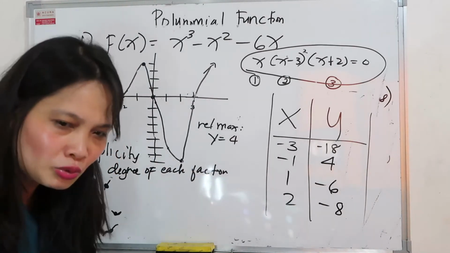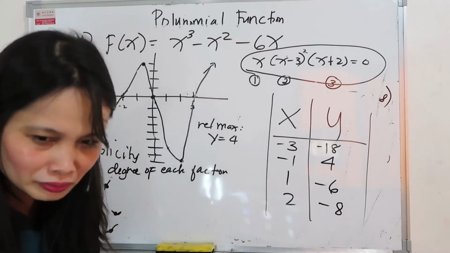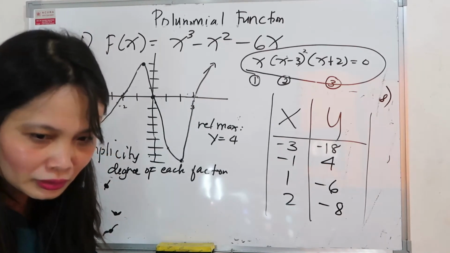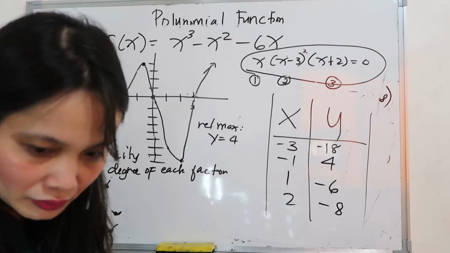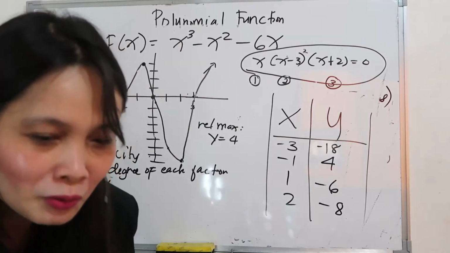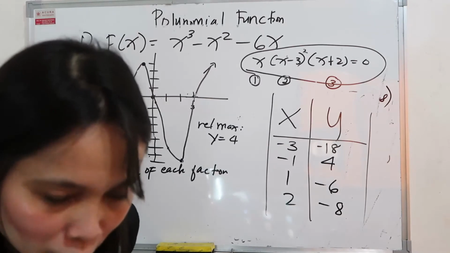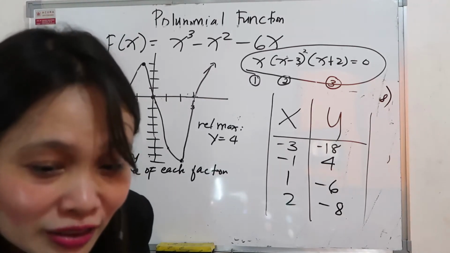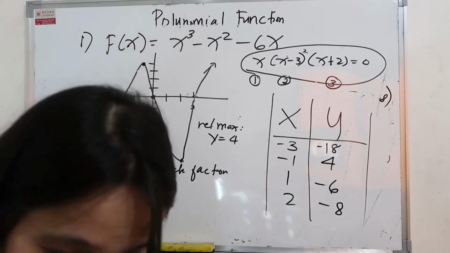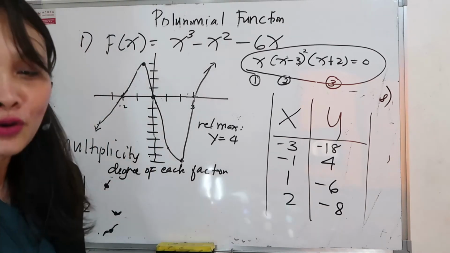And where's the absolute maximum? Do we have an absolute maximum here? Why not? Higher than 4.